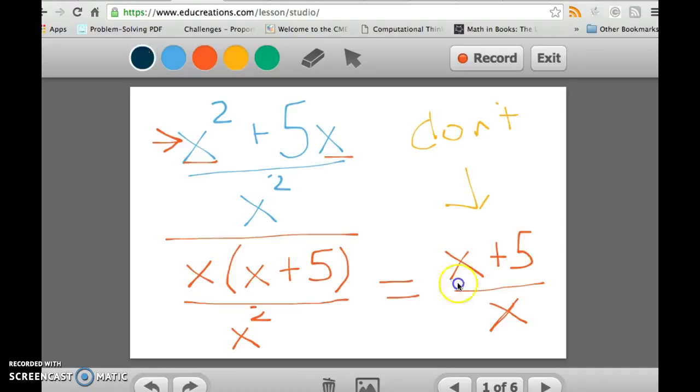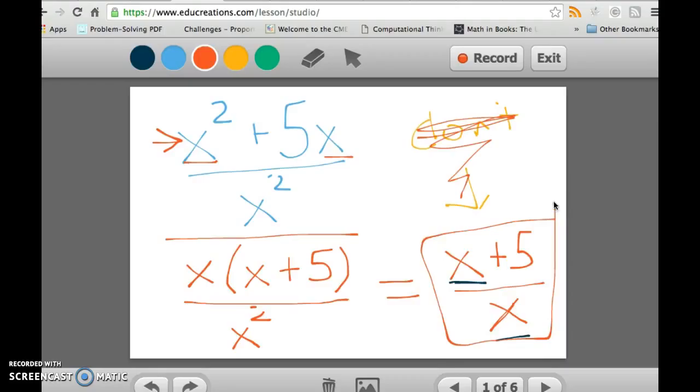The x and x here are common terms. In subtraction, we subtract like terms and we add like terms, but this is division. We can't divide like terms. We can divide common factors, and this is not a common factor. So my final answer would be x plus 5 over x.